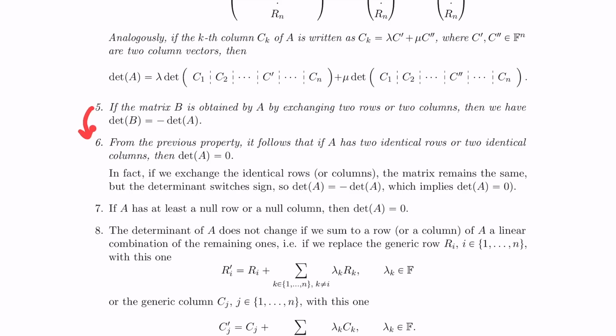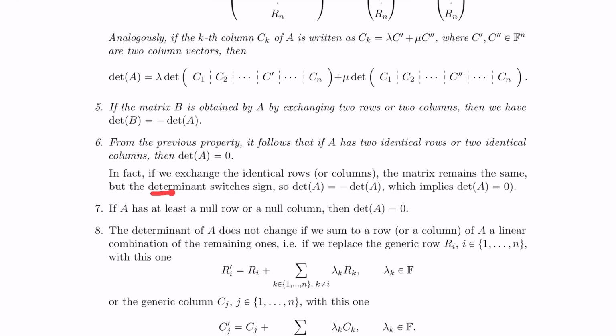Property 5 implies property 6, that is, if A has two identical rows or two identical columns, then the determinant of A is 0. In fact, if we exchange the identical rows or the identical columns, the matrix remains the same.